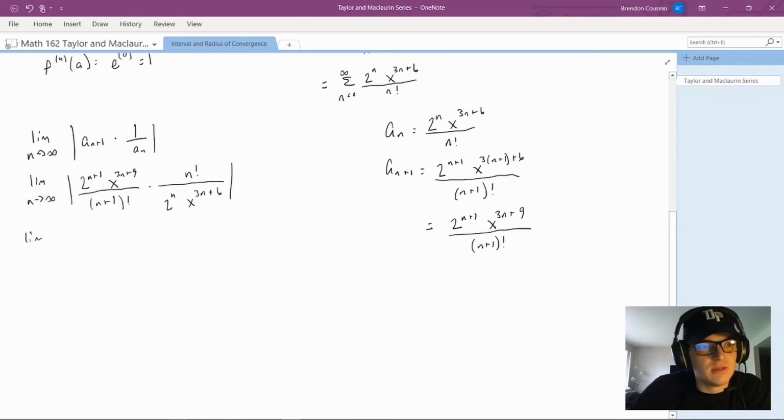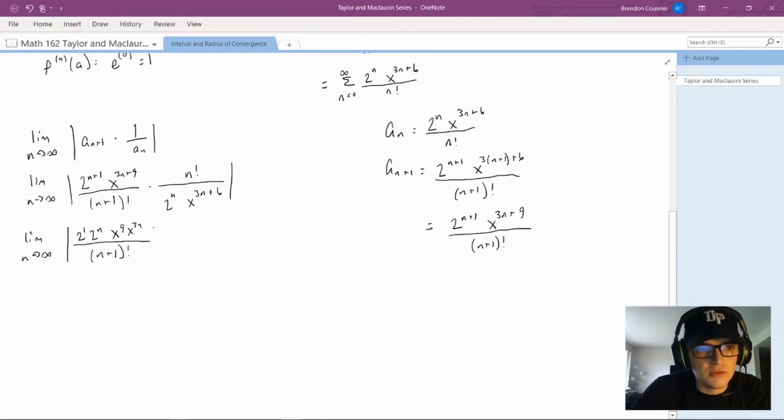So we're going to have the limit as n approaches infinity of, so using our exponent rules, let's go ahead and write this step out. So we're going to write this as 2 to the first power times 2 to the nth power, x to the 9th power times x to the 3nth power, divided by n plus 1 factorial.